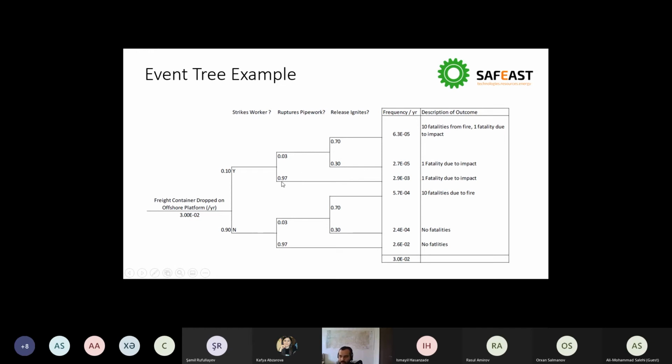And in this set, 1 fatality again due to impact. In this set, it doesn't strike the worker, but ruptures and ignites, 10 fatalities due to fire. And in the last two examples, no strike, no ignition, no fatalities, or no strike, no rupture, no fatalities. And you can see that, thanks to math, when you sum all of these frequencies, it should be equal to your initiating event frequency.